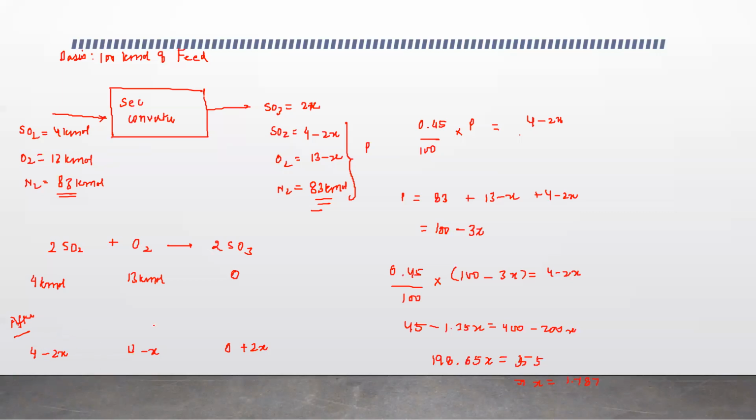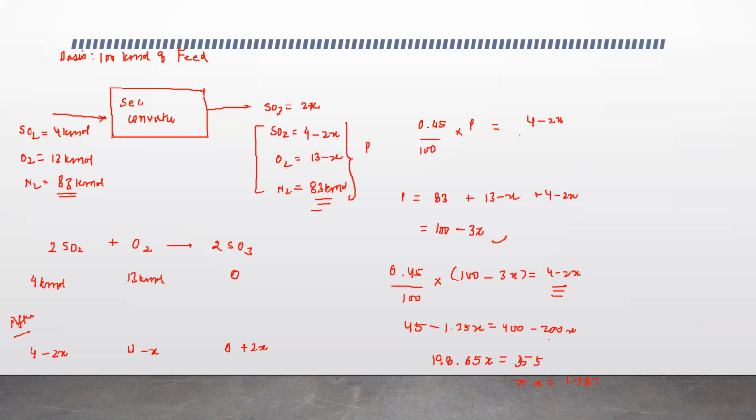Okay. So once you people are clear with that, then we calculated our problem. Since we knew that 0.45% was SO2 on an SO3 free basis, we simply calculated the total moles of products without SO3. So that came out to be 100 minus 3x, right? Based on that, we calculated 0.45% of that, and equated it to 4 minus 2x, which was the kilomoles of SO2.